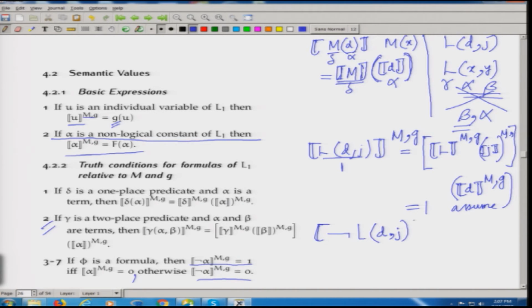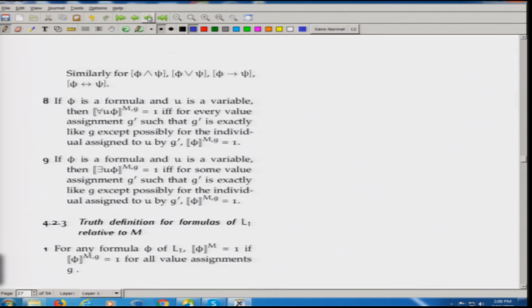It will be, of course, with respect to m and g, 0, because this changes the truth value. A very important thing we need to understand all the time, because the negation always changes the truth value. If the truth value is 1, it becomes 0 when you apply the negation, and if it is 0, it becomes 1. Okay, so we go to the next page.